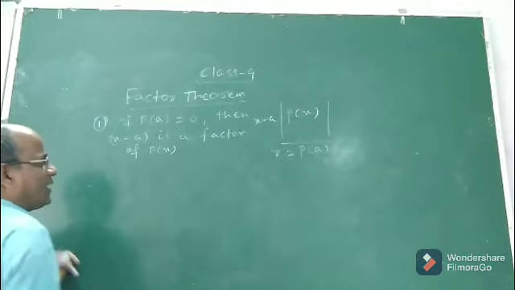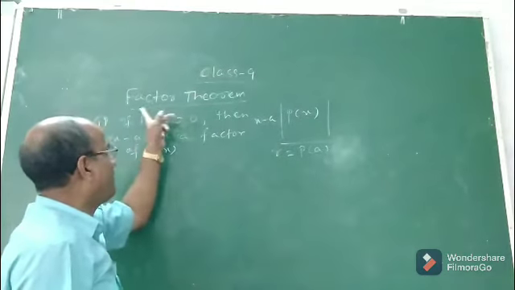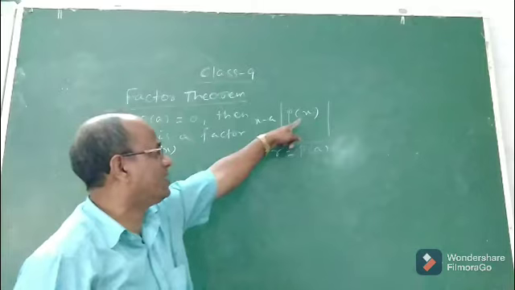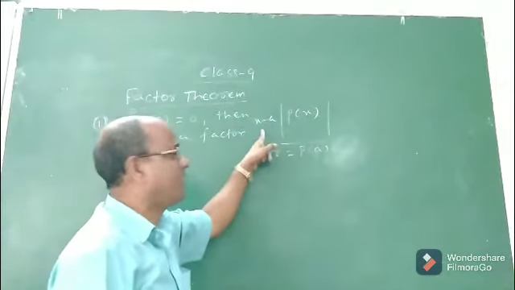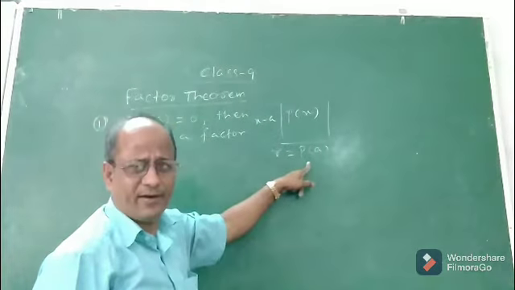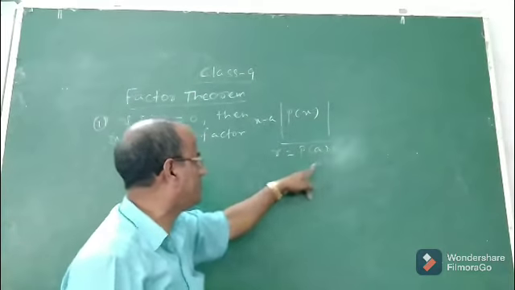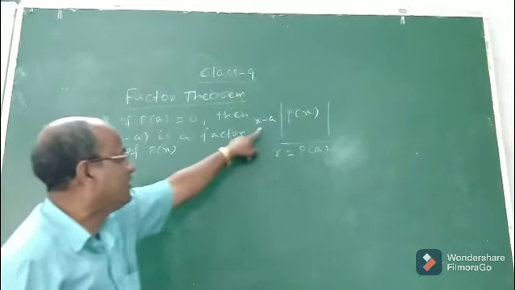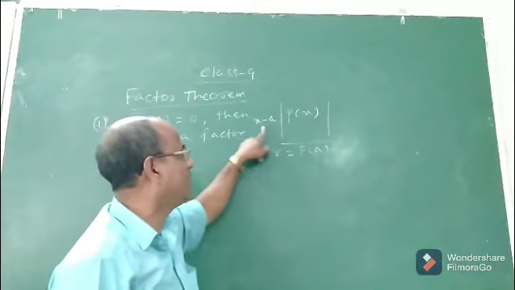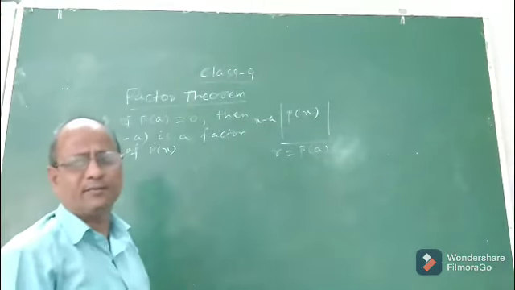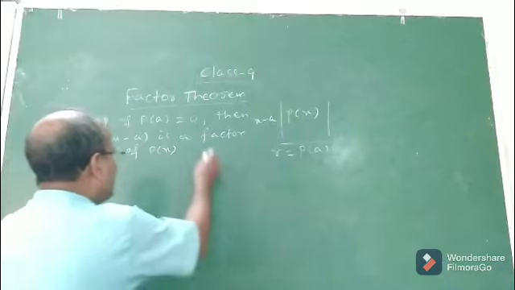The remainder theorem says that if p of x is divided by x minus a, then the remainder is p of a. Now, if this p of a is 0, that means the remainder is 0, then this divisor x minus a will be no doubt a factor of p of x.